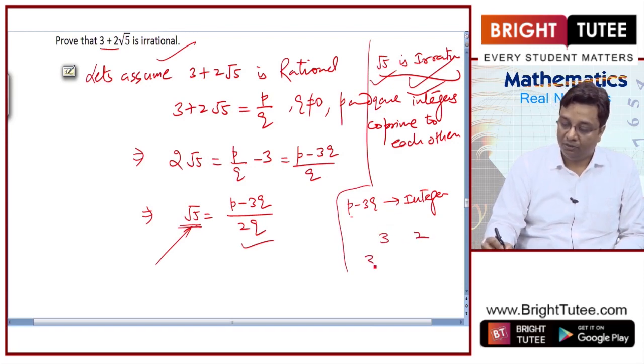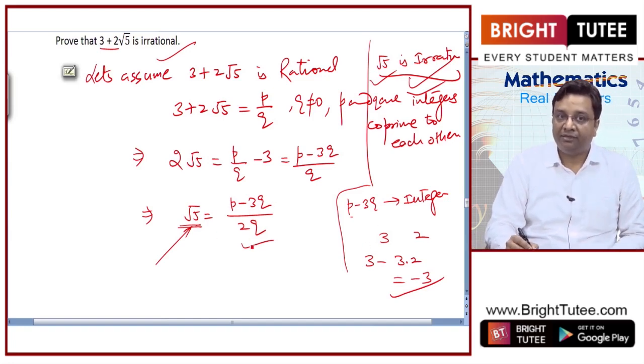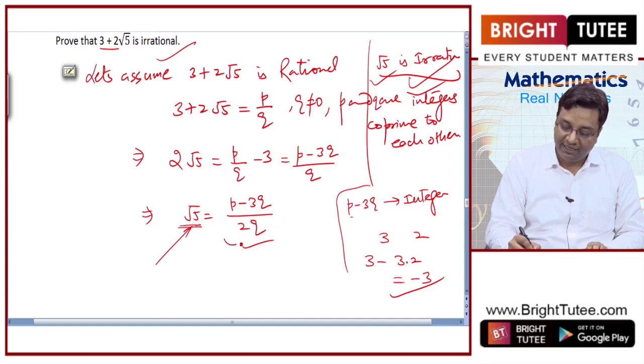If you do 3 minus 3 into 2, what will be the result? Result will be minus 3, which is still an integer. So p minus 3q is an integer and it is being divided by 2q. Q is non-zero, so 2q is also non-zero. Hence, the right hand side is a rational number.